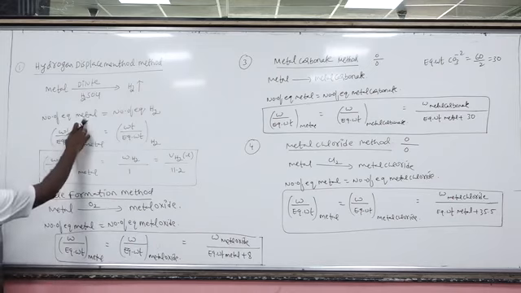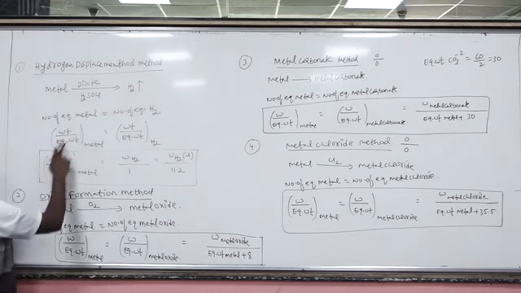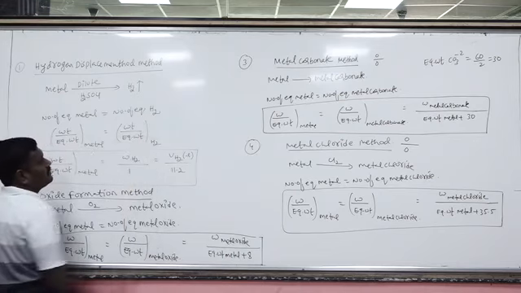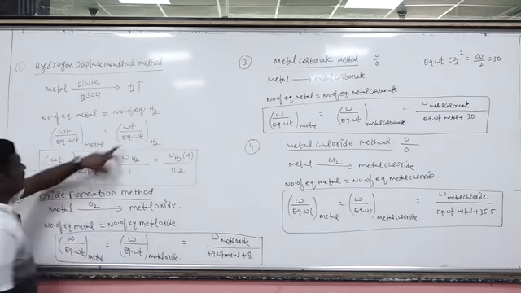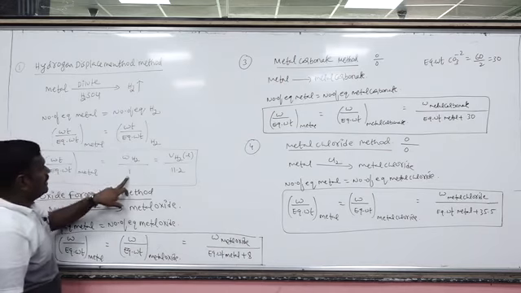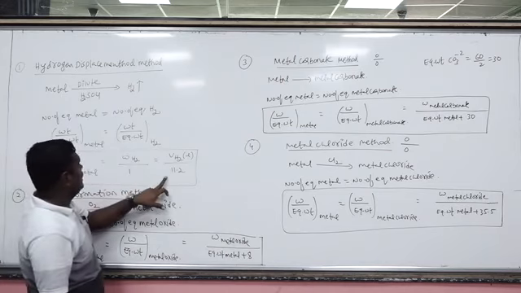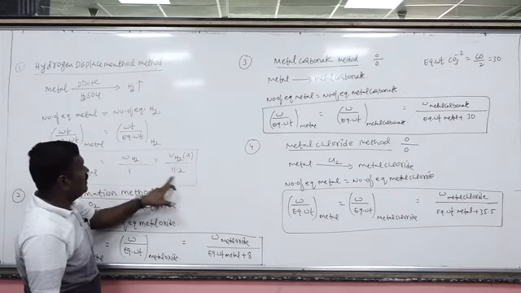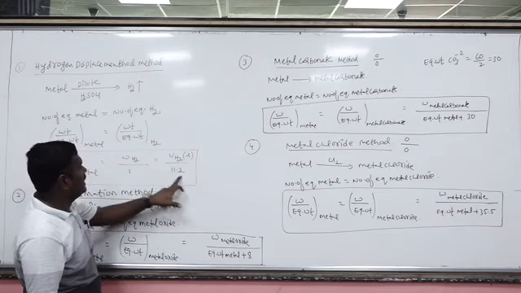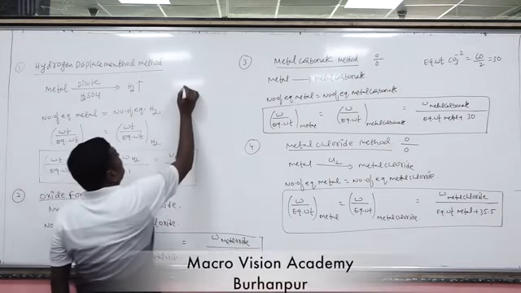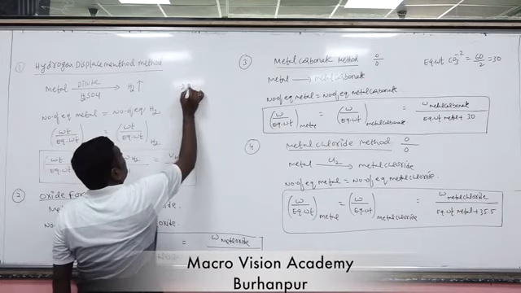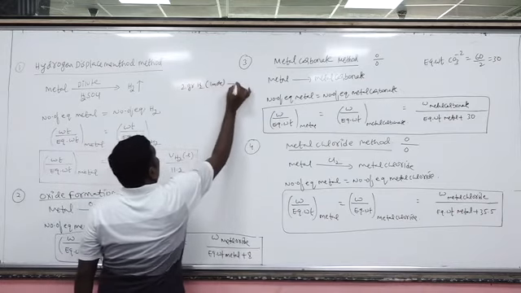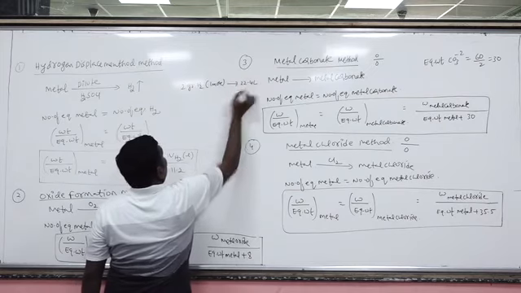Now, number of equivalents of metal is weight upon equivalent weight of metal, and for hydrogen, weight upon equivalent weight of hydrogen. Do you know what is the equivalent weight of hydrogen? 1. In terms of volume, if the volume is given, volume of hydrogen in liters divided by equivalent volume of hydrogen, that is 11.2, because we know 2 grams of hydrogen, that is 1 mole, will occupy 22.4 liters at STP.